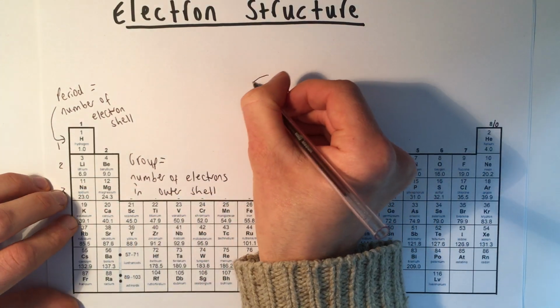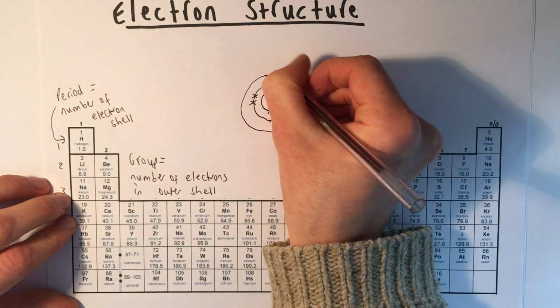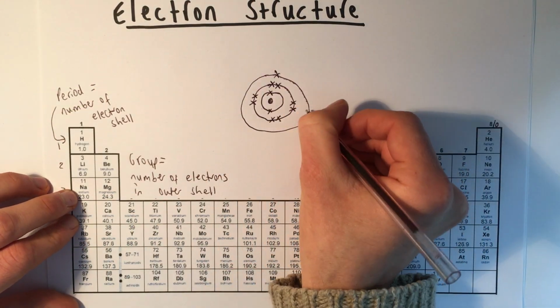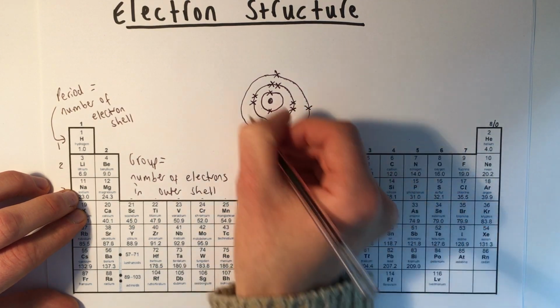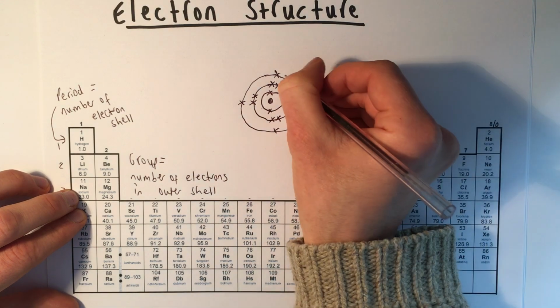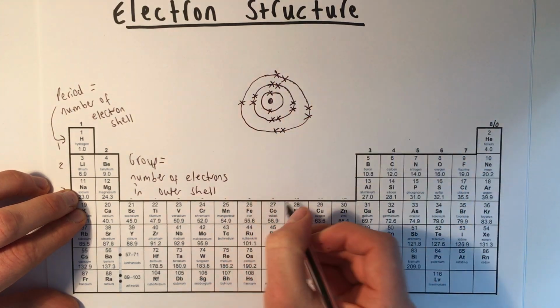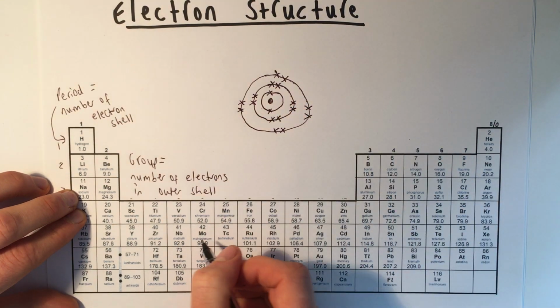So I'm going to draw my 3rd electron shell. And 1 electron in its outer shell because it's in group 1. Those are my 11 electrons for sodium. Magnesium, aluminium, silicon. I'm going to keep going around, adding them in until I've got to argon there.